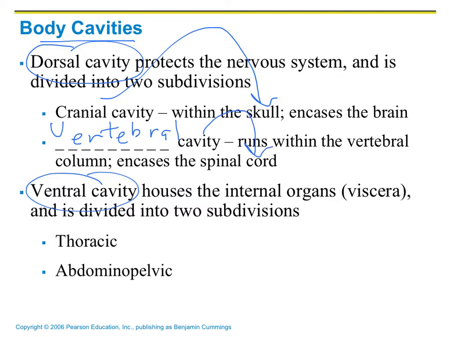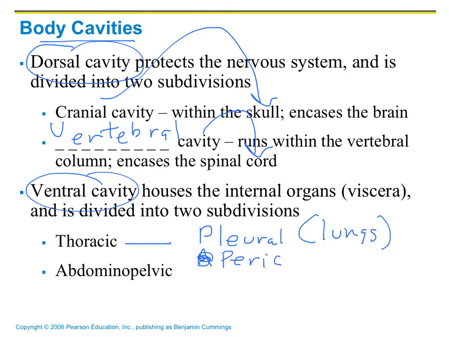The ventral cavity has also two subdivisions, the thoracic cavity, which is further subdivided into the pleural cavity, which houses the lungs, and the pericardial cavity, which houses the heart.